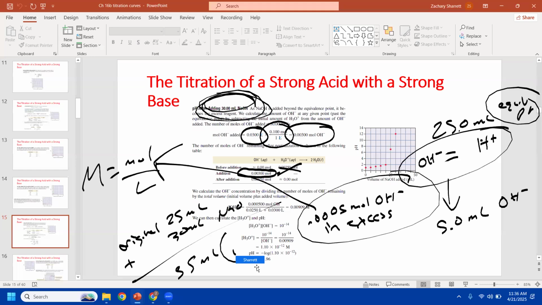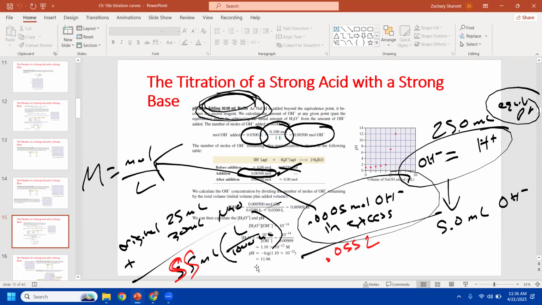We would convert that into liters. And that's going to give us 0.0005 moles divided by, let's change color, what is this? 55 mL. So this is divided by 0.055 liters.